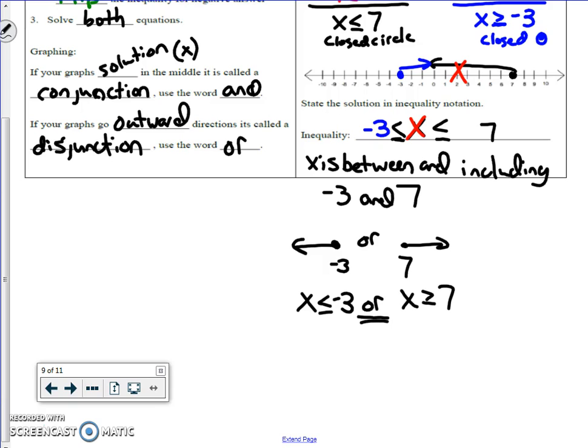With or being in the middle there, the arrows pointing away from each other, that'd be a disjunction. So this would be more of a what-if situation. It's not related to that example specifically, but if this was a disjunction, this is what our graph would look like, and this is how I would state the solution in inequality notation.